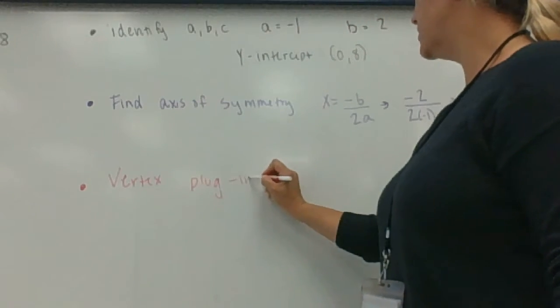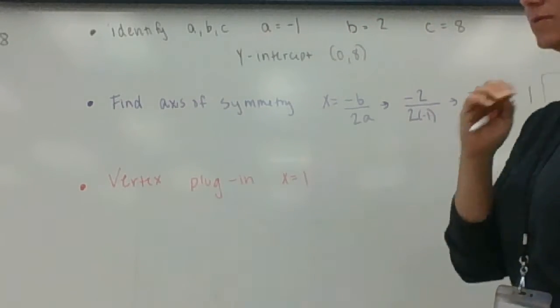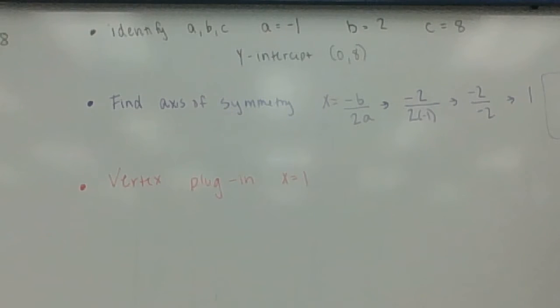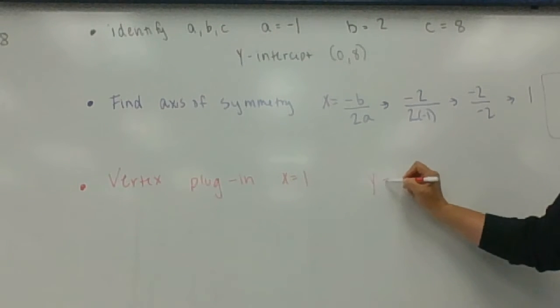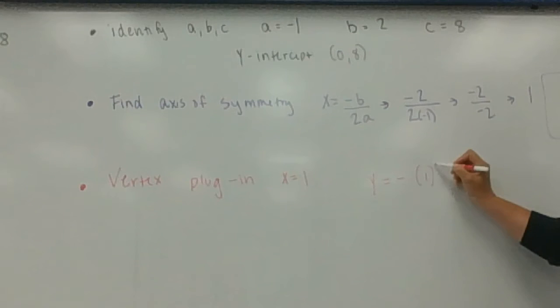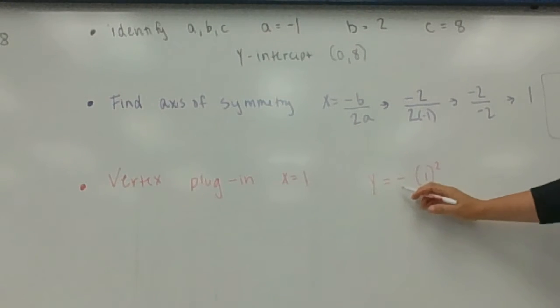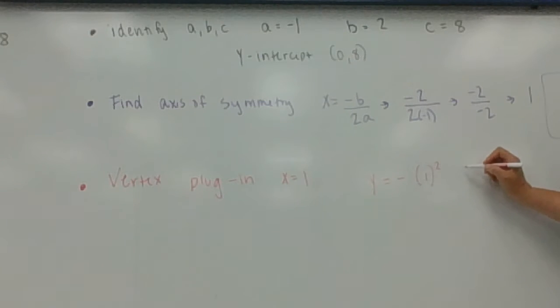So to find the vertex, we're going to plug in x equals 1. So it'd be -1 times 1 squared, plus 2 times 1, plus 8, which would be -1 plus 2 plus 8.